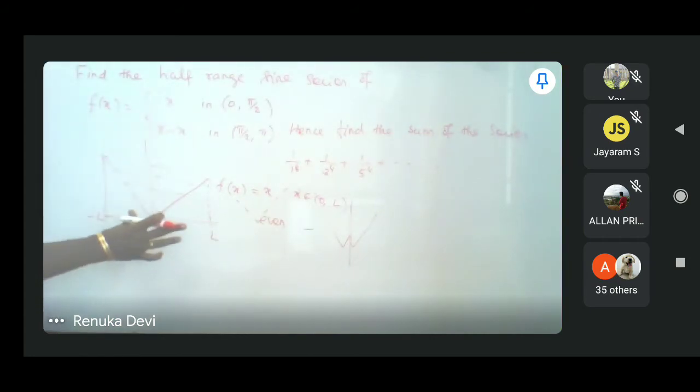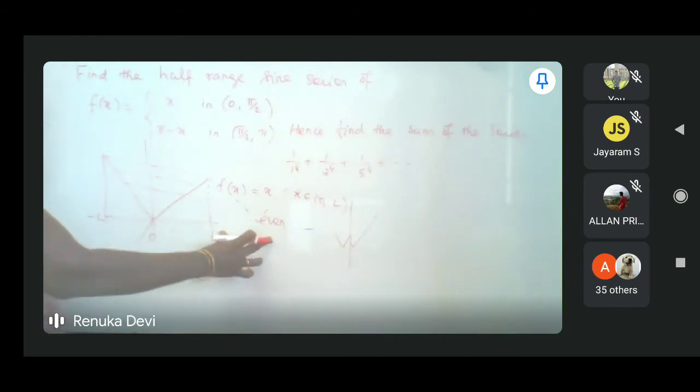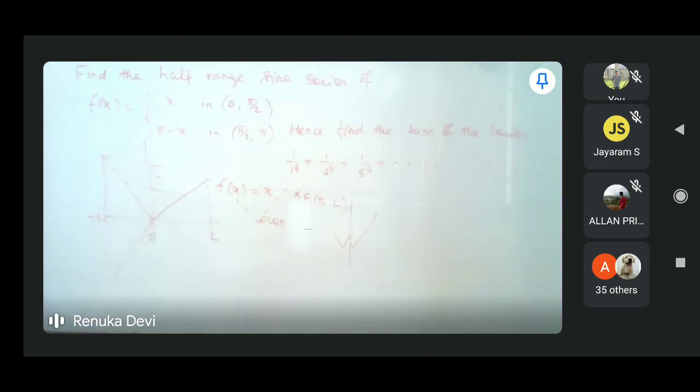So the function is defined on 0 to L, but we are extending either to minus L to 0 or L to 2L. That is the way we are writing. So when you write the odd extension, we get the odd function. When we get the even extension, the graph will be symmetric about the y-axis. That you got to keep in your mind.